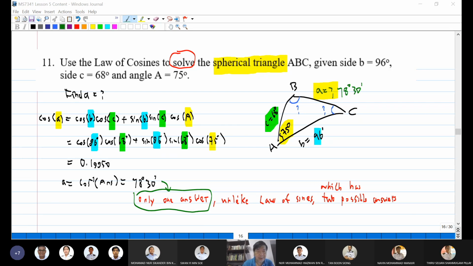Okay, this is the law of cosine. We still have two missing.